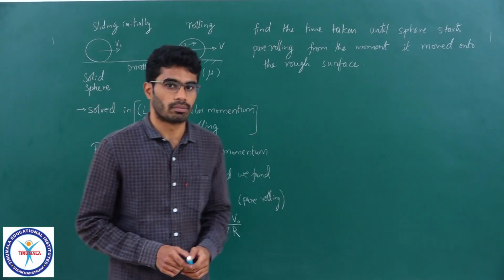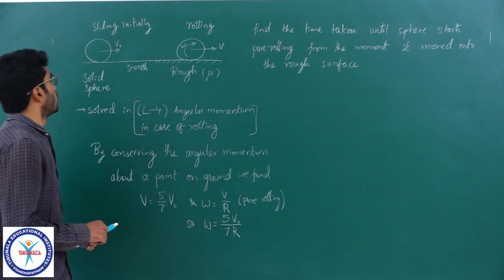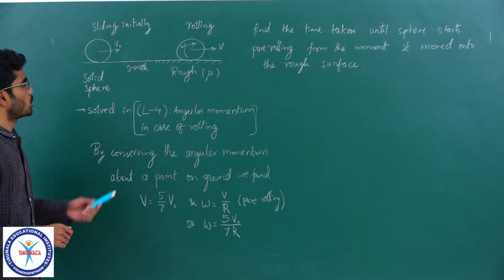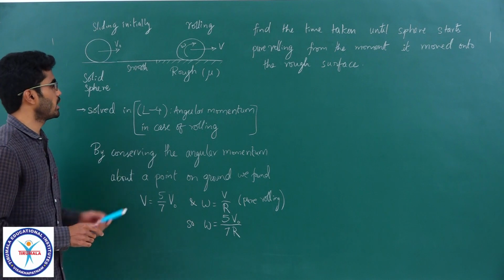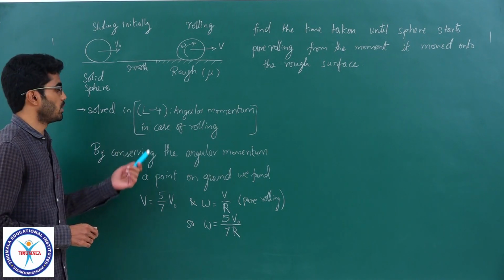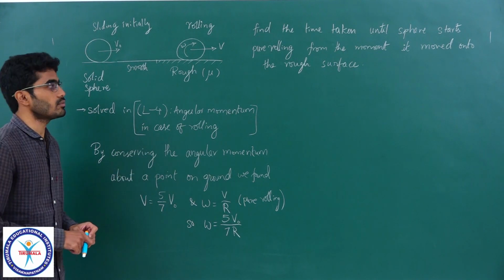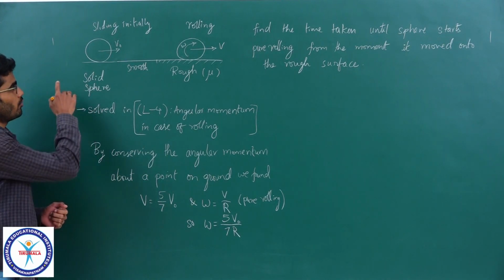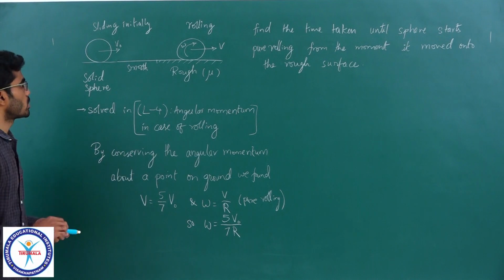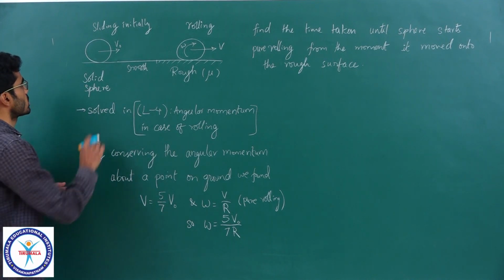So let's solve a problem now. Here the question is similar to the question already discussed in lecture 4, angular momentum in case of rolling. We have a solid sphere which is initially sliding on a smooth horizontal surface, and the linear velocity is given by v naught.